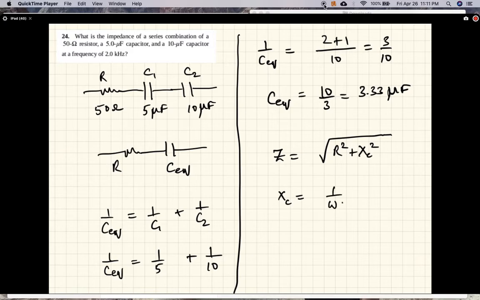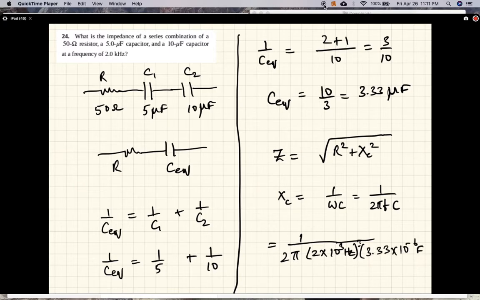XC is 1 over omega C, which is 1 over 2 pi f C, which is equal to 1 over 2 pi, and the frequency is 2 kilohertz, 2 times 10 to the power 3 hertz. And C equivalent is 3.33 times 10 to the minus 6 farads.